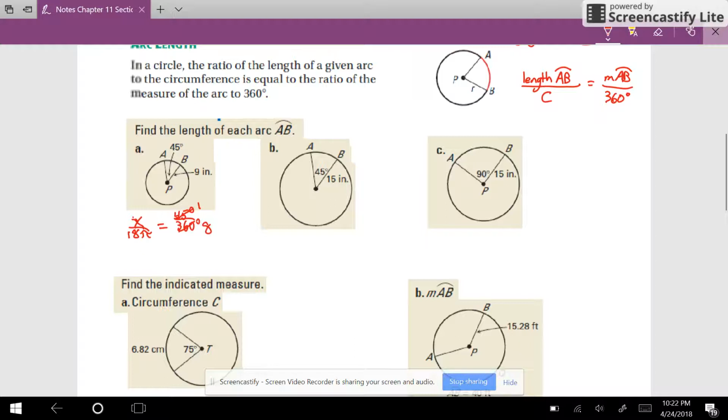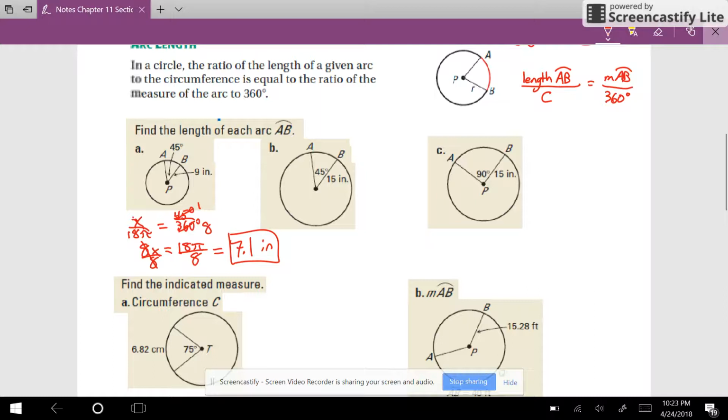Cross multiply. 8x is equal to 18 pi divided by 8. And then I'll just plug this in the calculator right now. I'll hit 18 pi divided by 8, and it gives me about 7.1. 7.1, we're talking about inches.